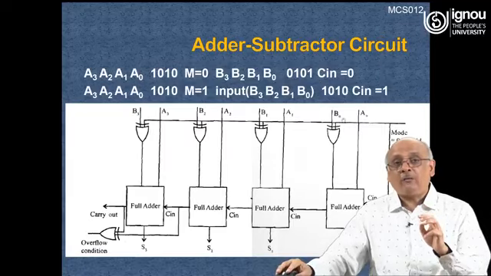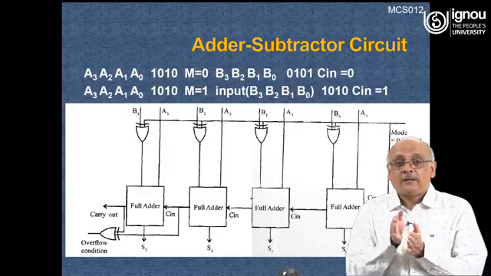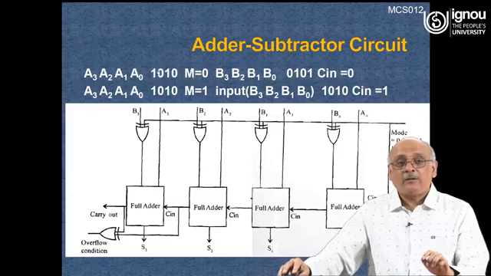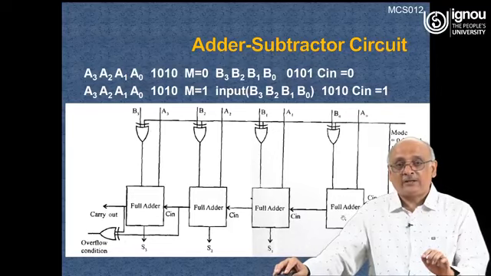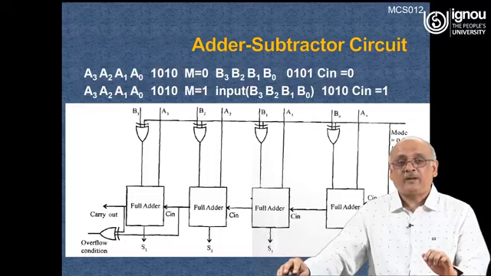But now we want to add, let's say, a 4-bit number with another 4-bit number. The full adder circuit which we have drawn is now drawn as a box over here, and what you see here is the mode.